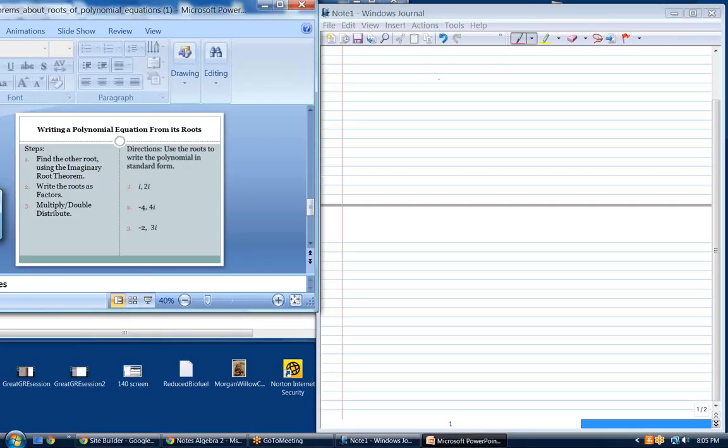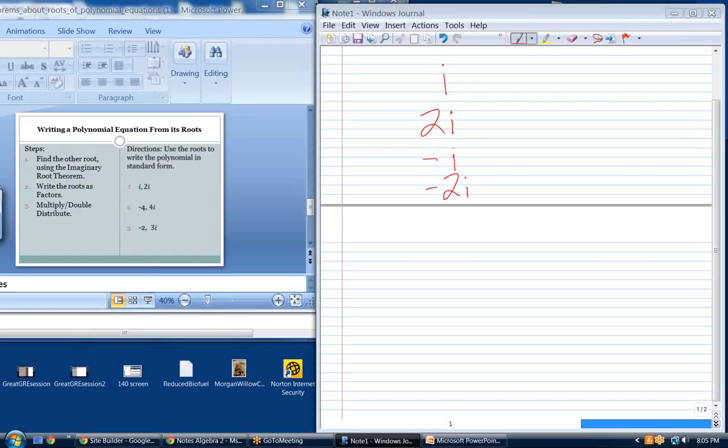Correct. What are they? i, 2i, negative 2i. So what are my linear factors? In other words, in order to come up with a polynomial, I have to multiply together 4 factors. What are they? We found the roots. Now let's write the roots as factors.